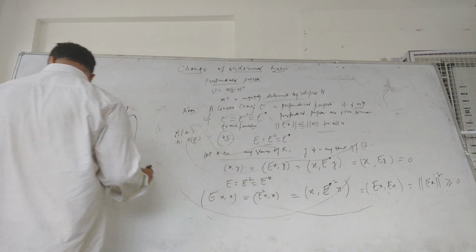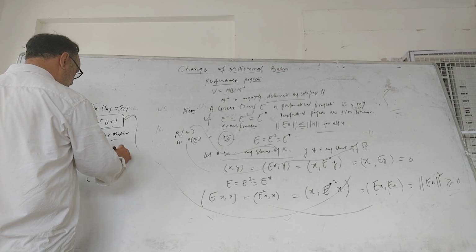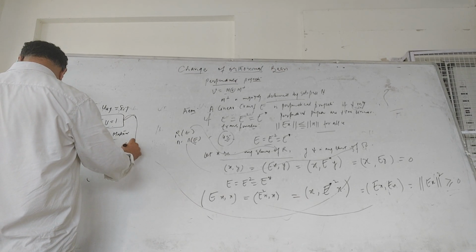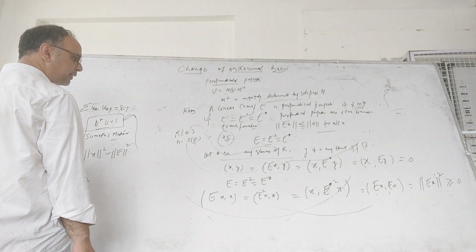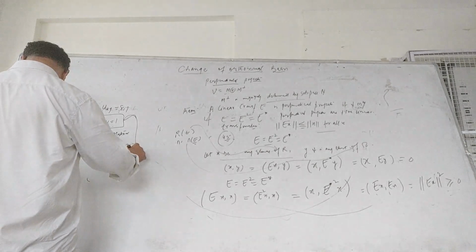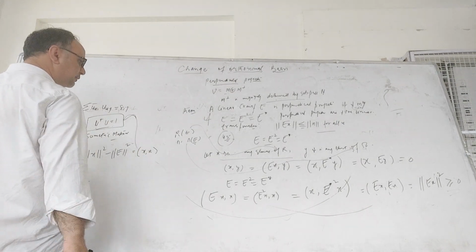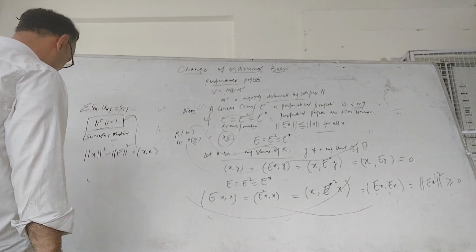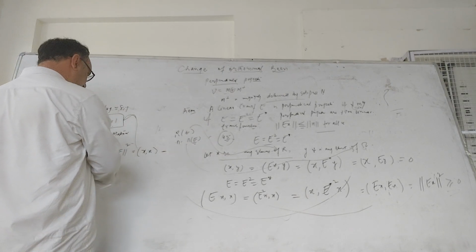And if X is equal to, so subtracting the two, X square minus E square will be equivalent to x of x minus, so you can write it otherwise also.